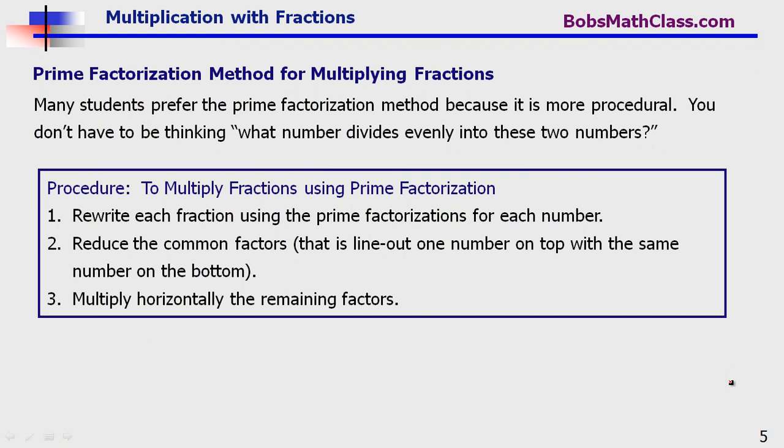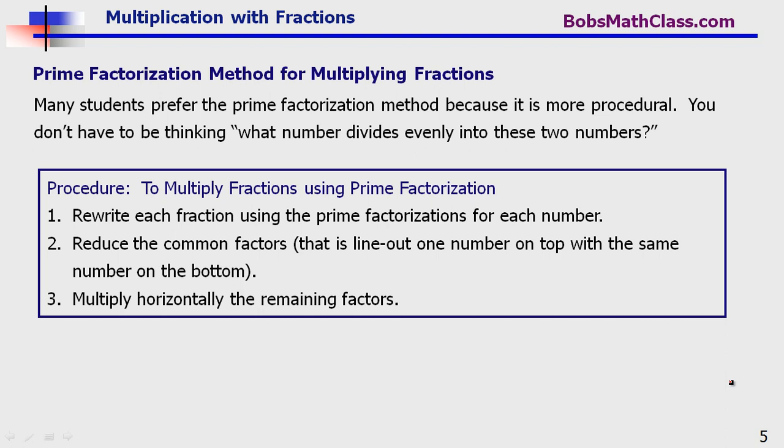Okay, so here is a prime factorization method for multiplying fractions. Actually, many students prefer this method because it's more procedural. You don't have to be thinking, what number divides evenly into these two numbers. This is more of a process. Okay, so here are the steps.